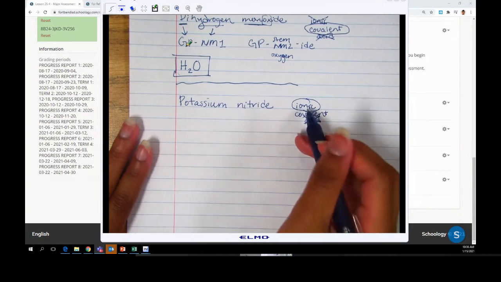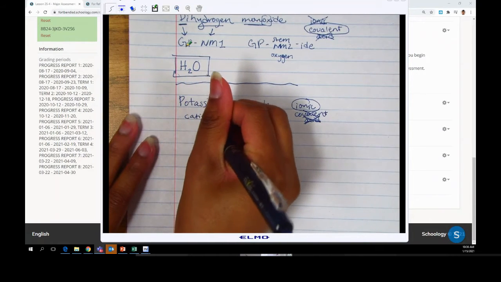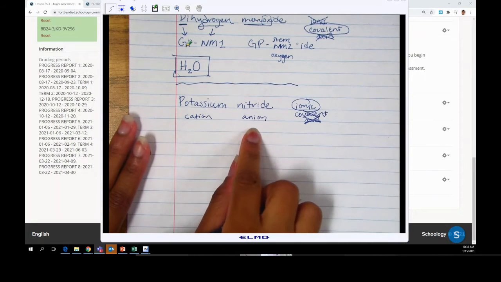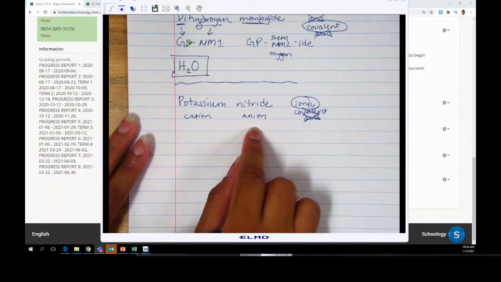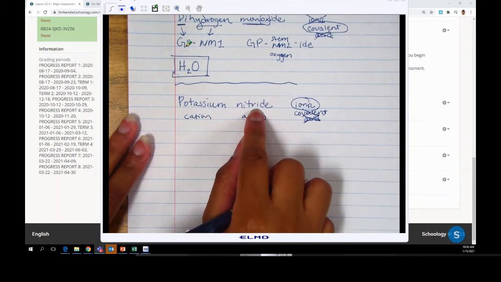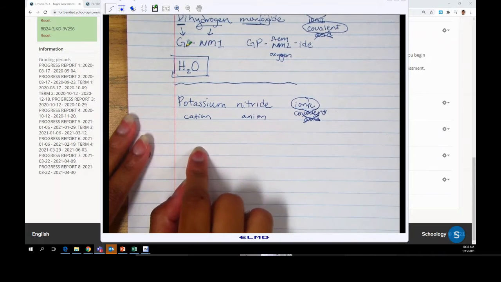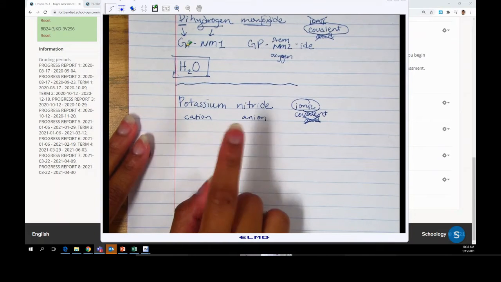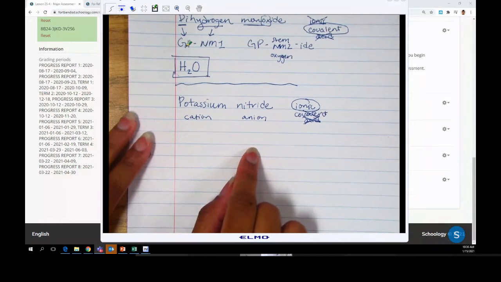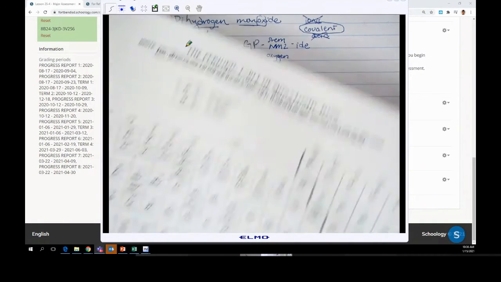So if this is ionic, that means that our naming rule is the name of the cation followed by the name of the anion. So I'm going to need to go find this cation and this anion on my chart so that I know which letters to put in my formula. I'm also going to have to do some crisscrossing so that I make sure I have the right subscripts. So I'm going to pull up my periodic table of ions.